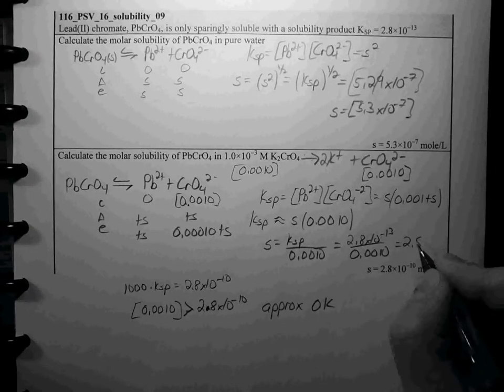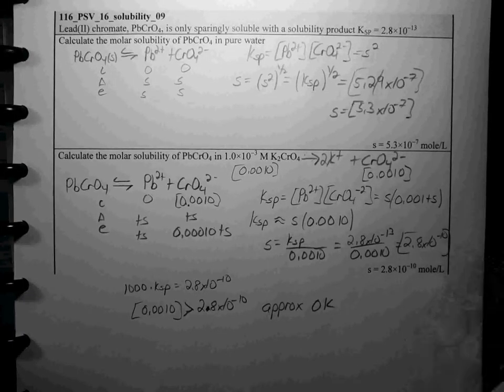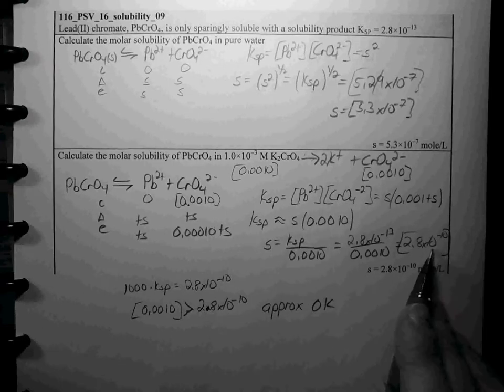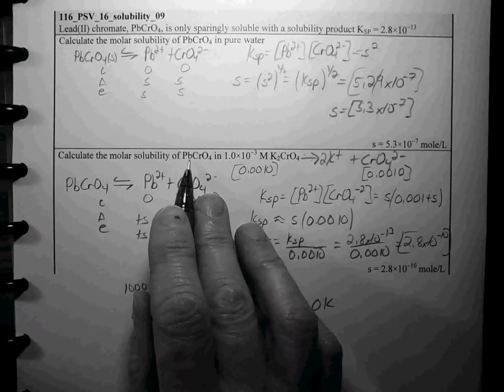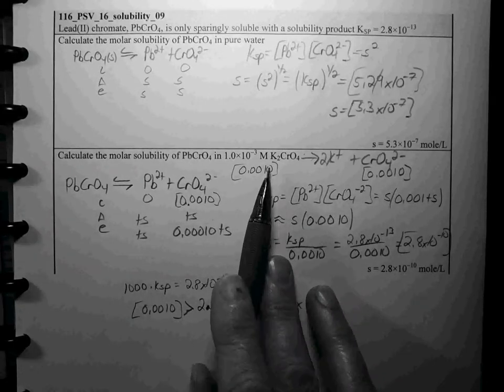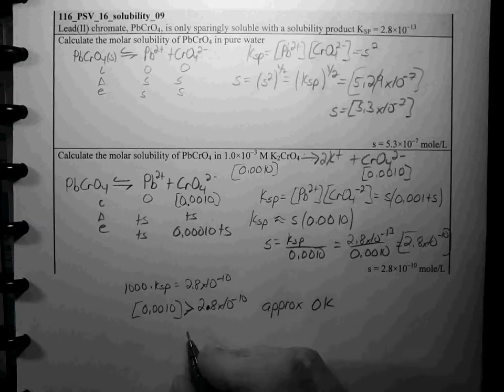That's 2.8 times 10 to the minus 10 moles per liter. Okay, so as expected, the solubility of lead chromate is going to be much lower in a solution containing chromate ion.